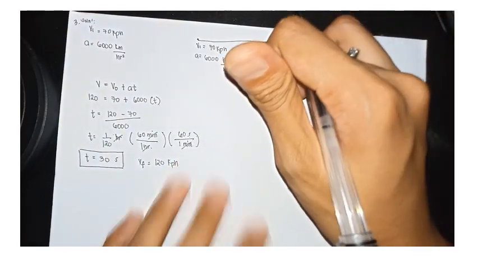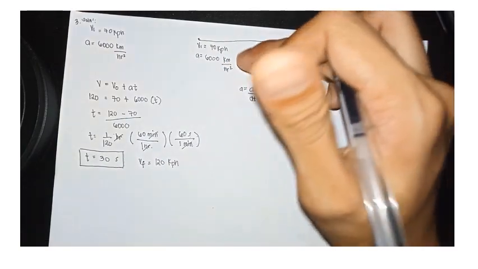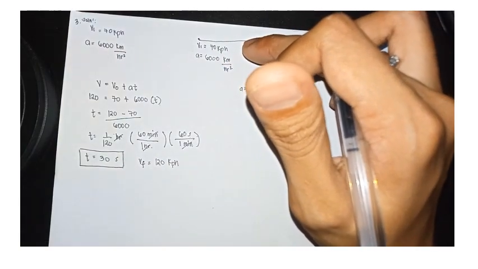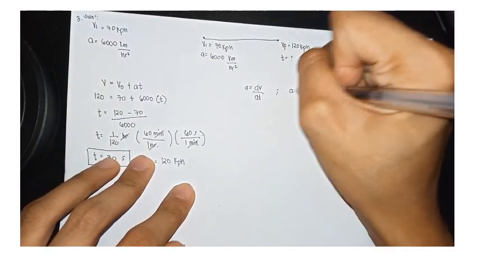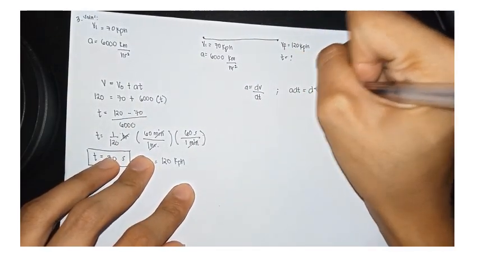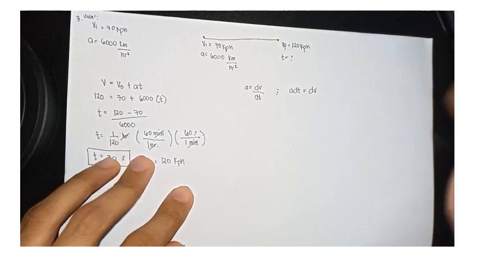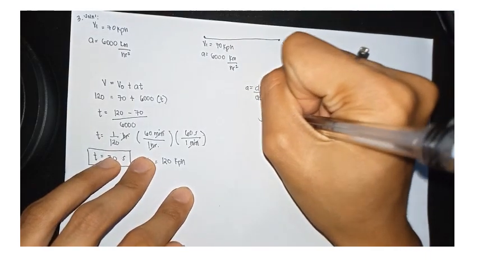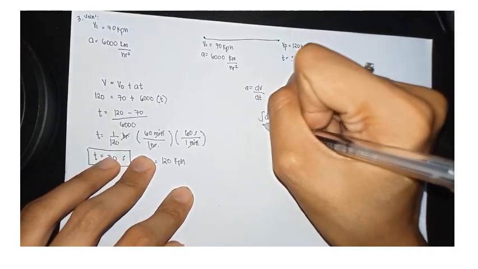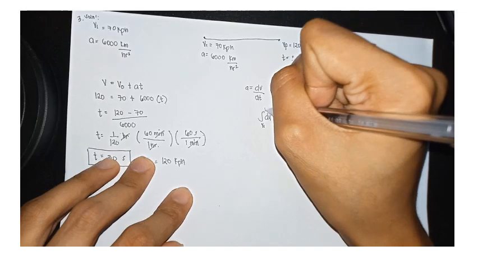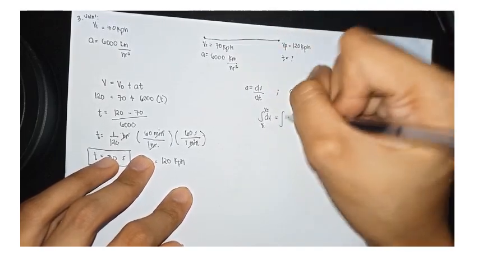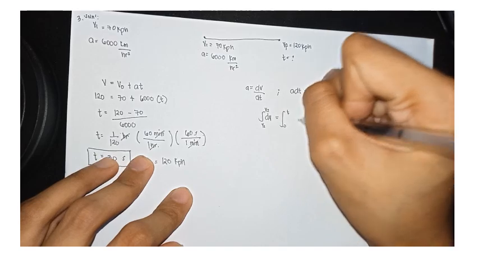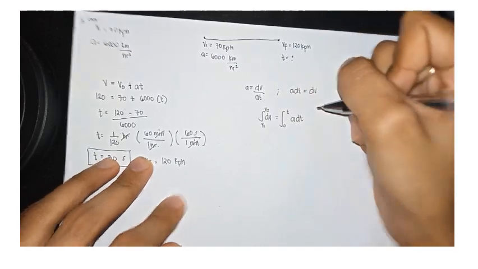The acceleration is 6,000, so dt equals dv. The lower limit is the initial velocity and the upper limit is the final.